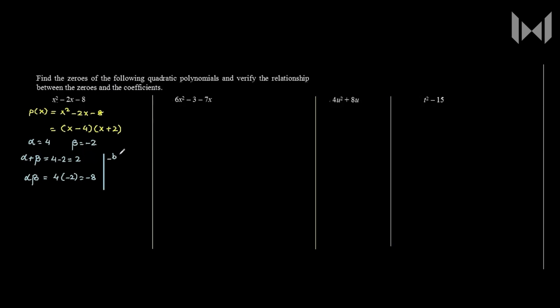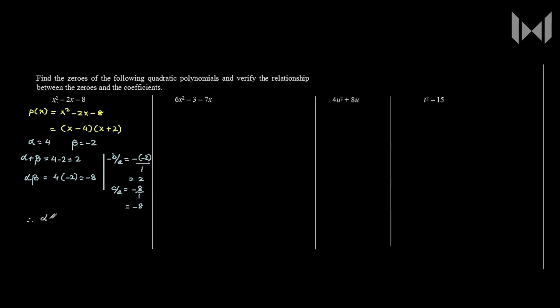Now minus b by a: we know a is the coefficient of x square, so a is 1 and b is negative 2, so minus of minus 2 upon 1 is equal to 2. And c by a, c is the constant term, that's negative 8 over 1, and that's minus 8.